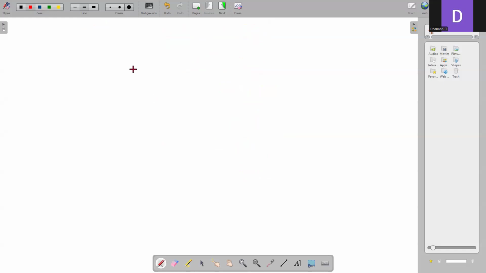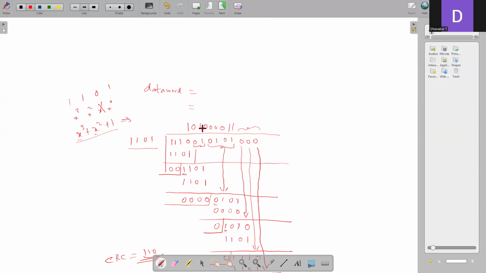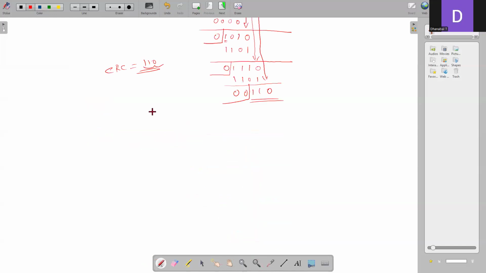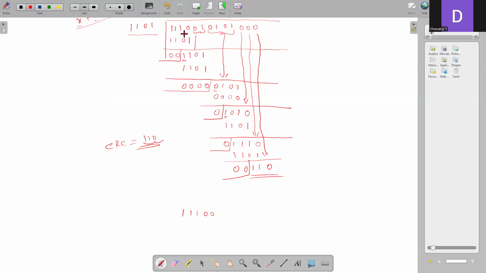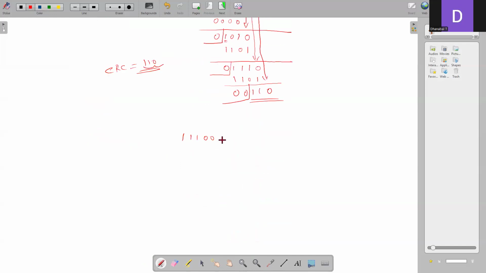If so, then the code word will be 11100 10101. Now those 3 zeros will be replaced with this 110, the remainder part. And this is the code word which is generated by the source.